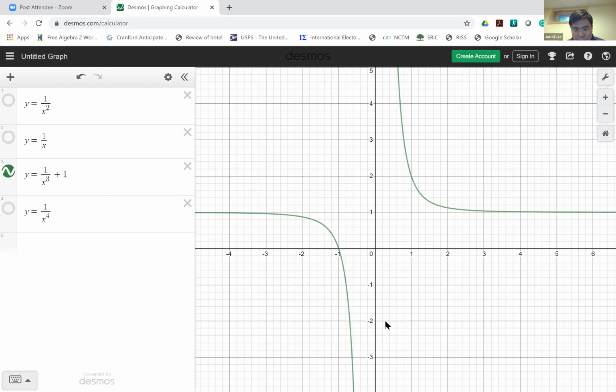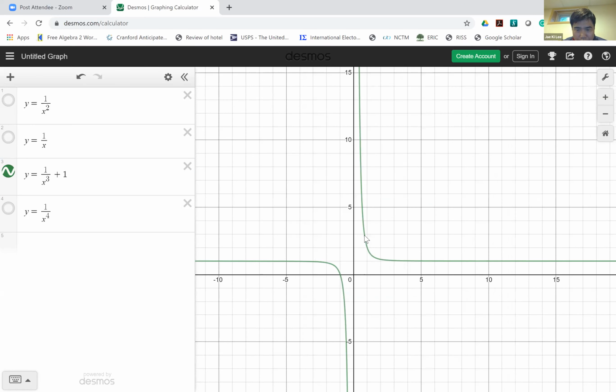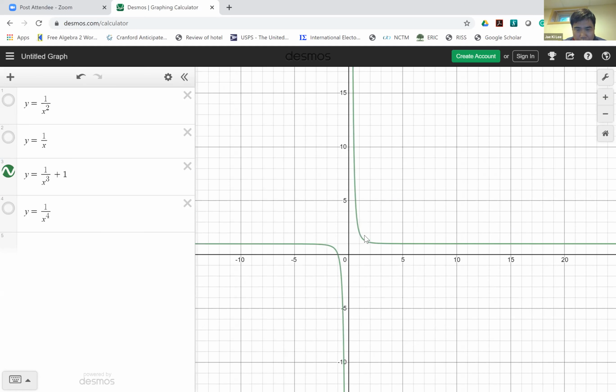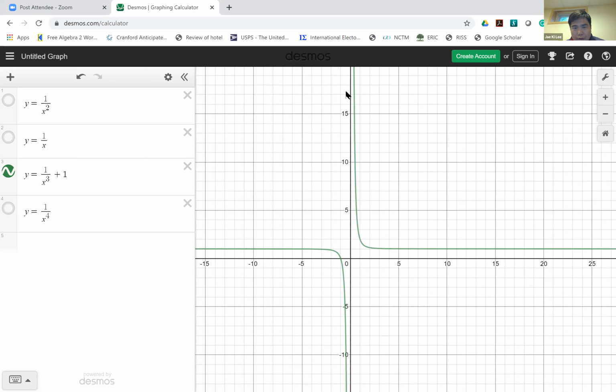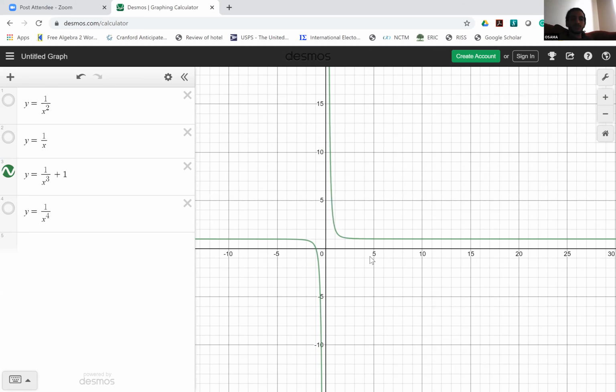I'm going to zoom out a little bit so you can see better. As you see, it never crosses the x equals 0 line, and it also never crosses the line y equal to 1.